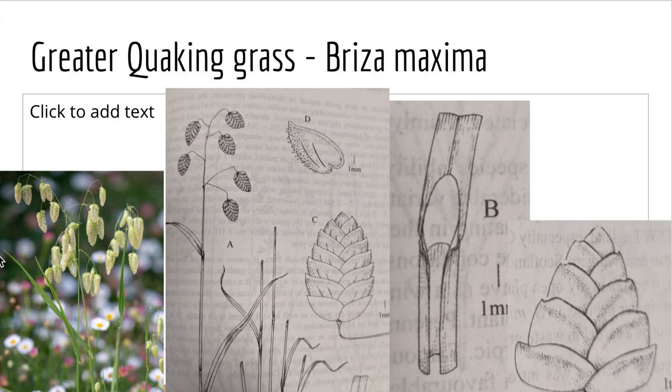The Briza maxima does not have many spikelets per stalk, mostly bearing no more than one large spikelet.